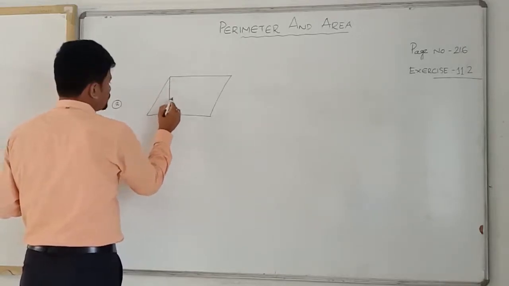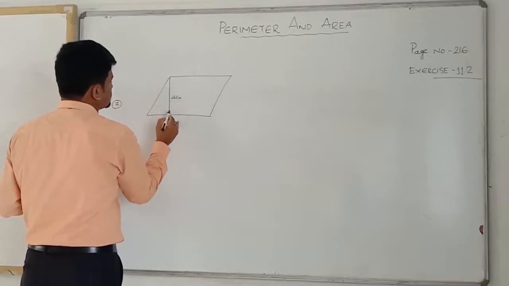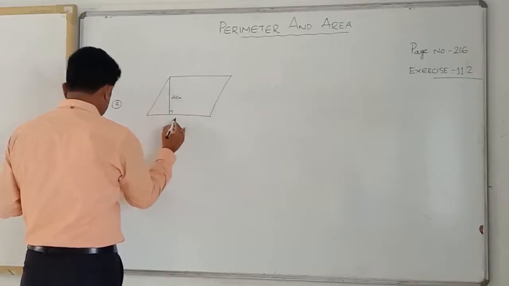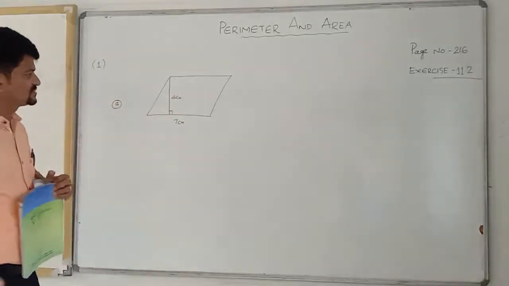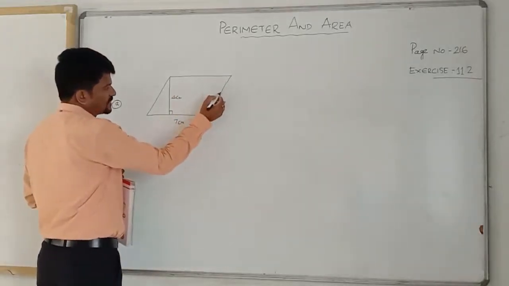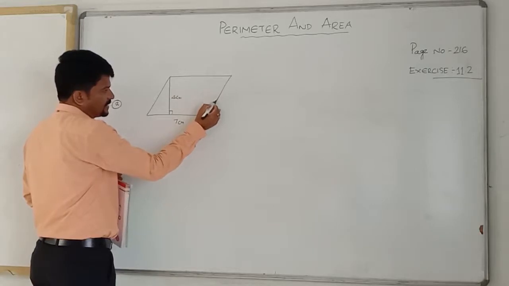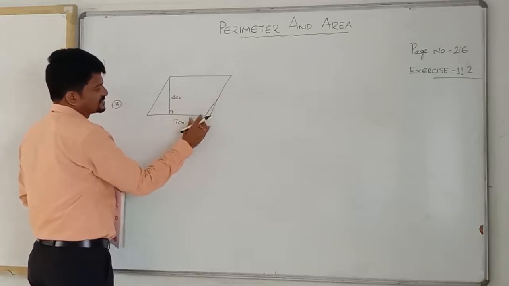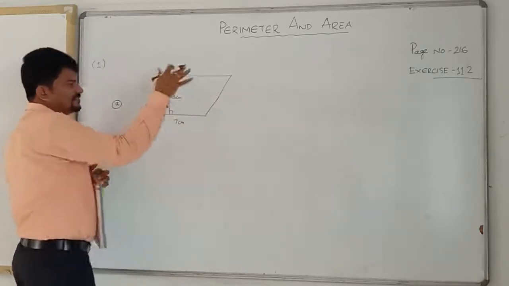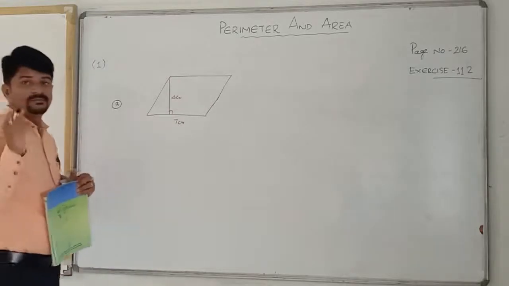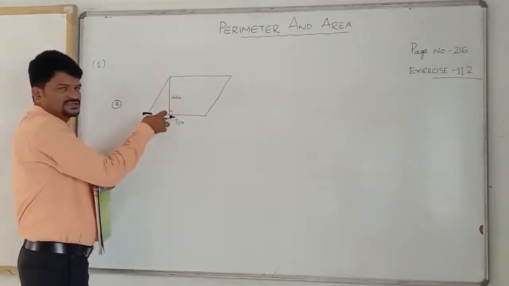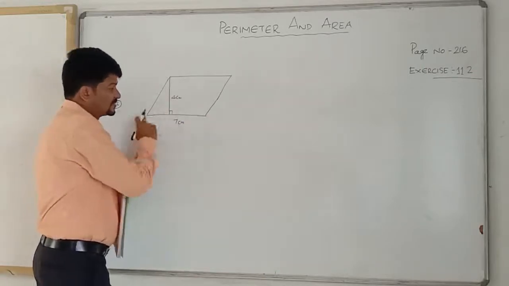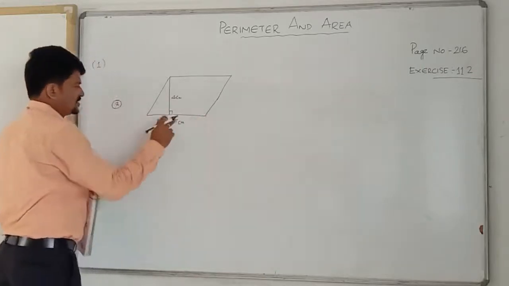This is given as 4 centimeters, and this is given as 7 centimeters. Here the names are not mentioned, so we can directly identify which is base and which is height. Any side we can consider as a base, but you must consider it with the help of the height. Here the height, the perpendicular distance, is given as 4 centimeters. That is why we must consider the base as 7 centimeters.